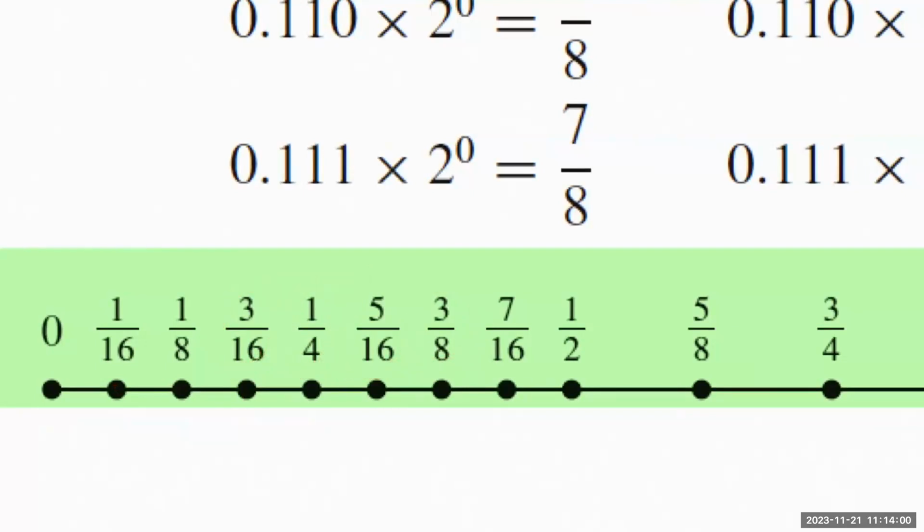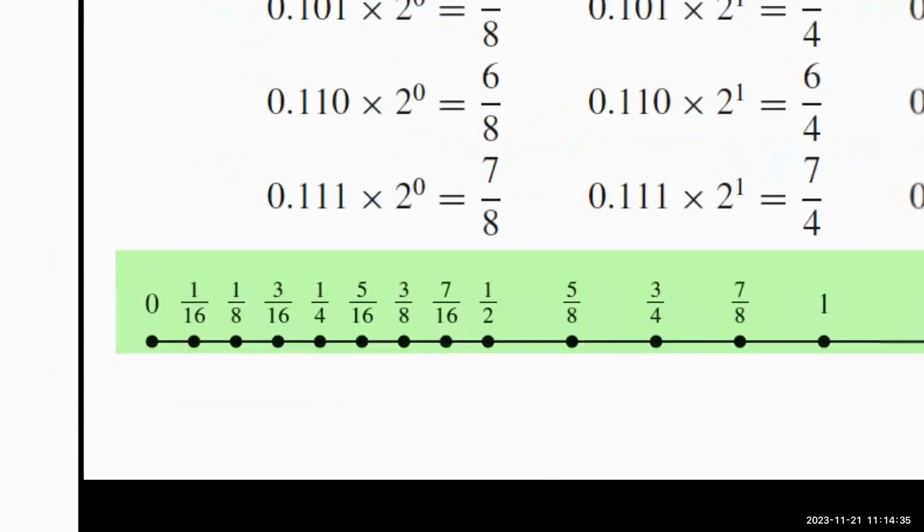If a real number falls in between, it will be rounded, so the computer will use the nearest number that it can represent.